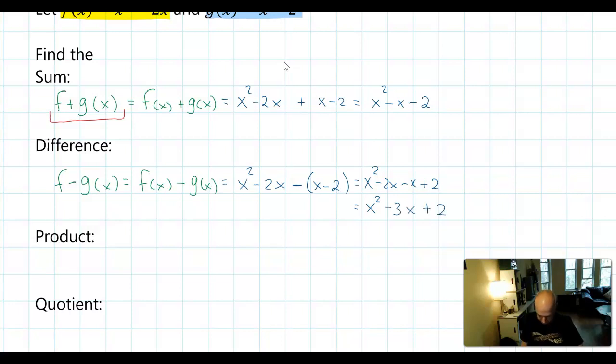When you're doing a difference of functions, make sure that you put the second function in grouping because you're taking away the whole function, and distribute the negative to all of the terms of that second function.